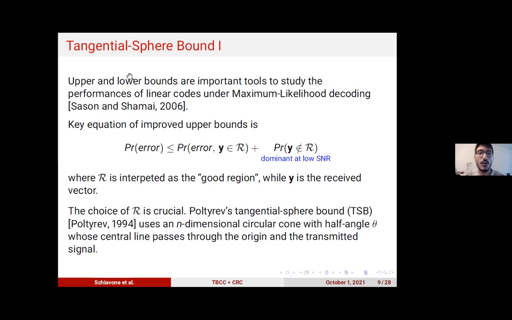Because all of us have seen a simple upper bound during channel coding lectures, okay?